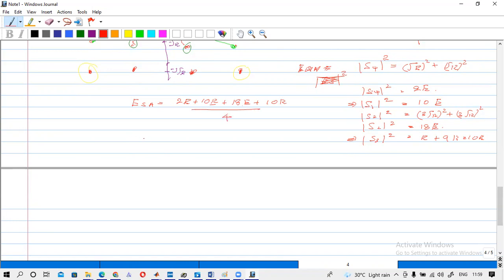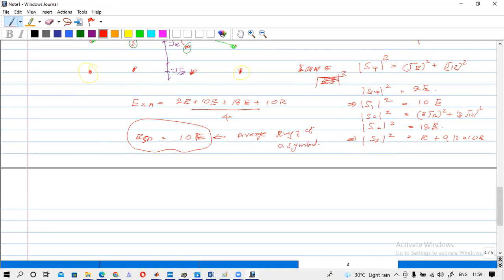So you will have average energy of the symbol as 10E, correct? So this is the average energy of a symbol.